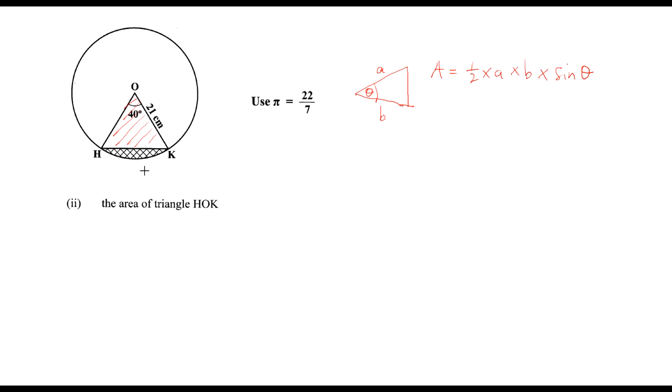If we look at the triangle that we have here, we have a similar situation. So it'll be a half multiplied by 21 multiplied by 21 again. This side here is 21 as well because it's a radius, multiplied by sine 40 degrees. And we use the calculator again.